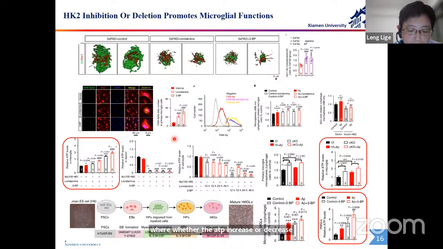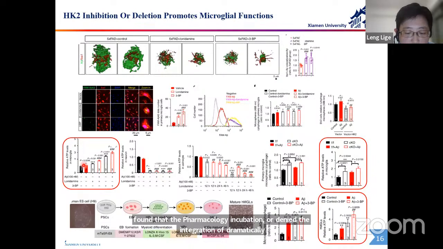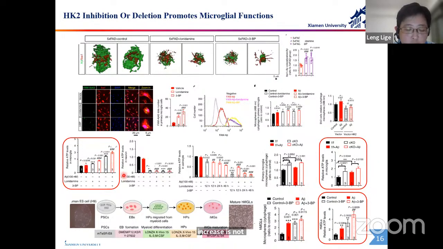To our surprise, we found that the pharmacological inhibition or genetic deletion of HK2 dramatically increased, not decreased, increased the ATP production in microglia, while decreasing the ATP production in primary neuron and astrocyte, regardless of the A-beta treatment status.